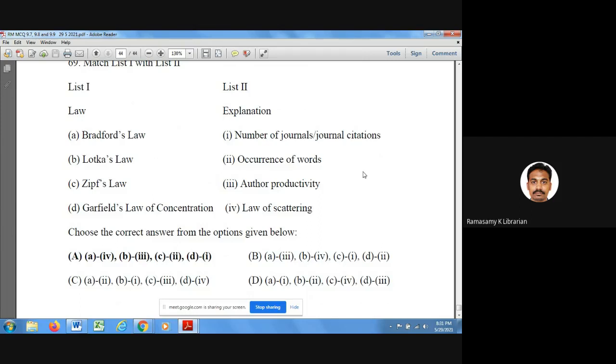He found that if you take a multidisciplinary field, only very few journals have publications that have received the maximum number of citations. So that small number of journals that contribute the most citations falls under the law of concentration.